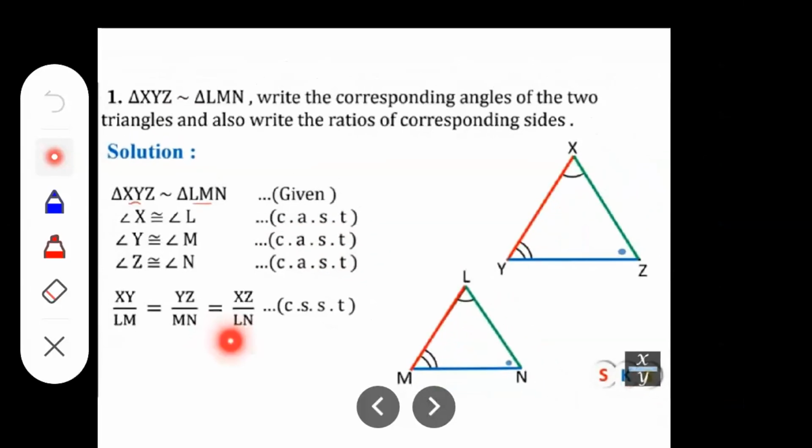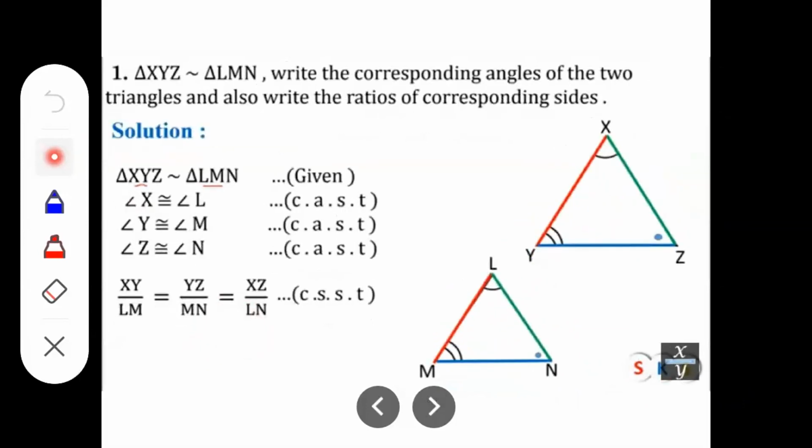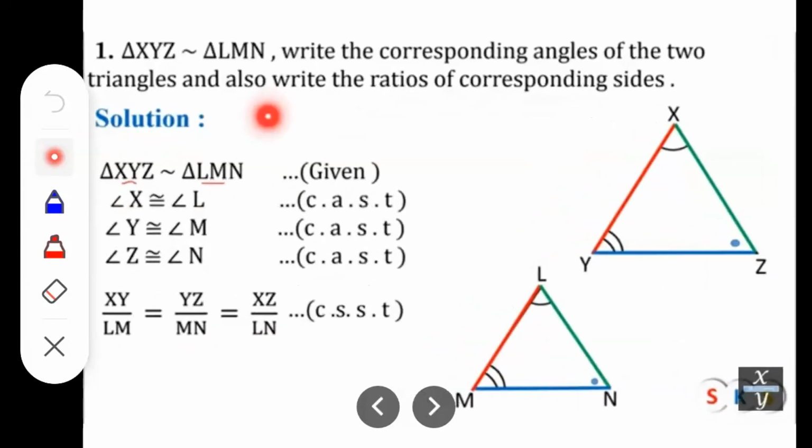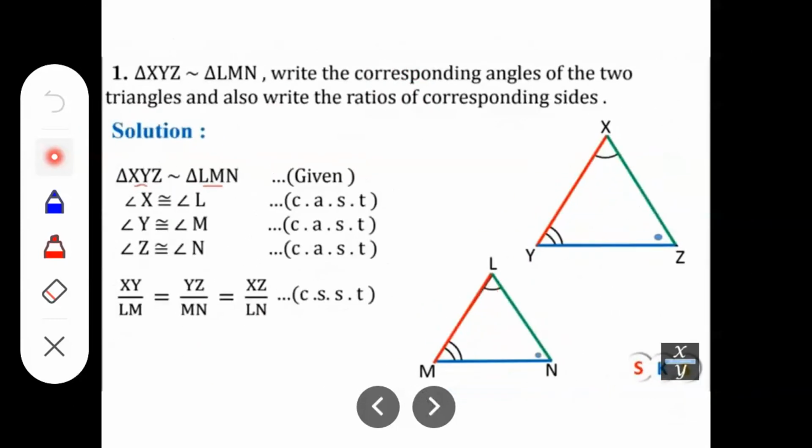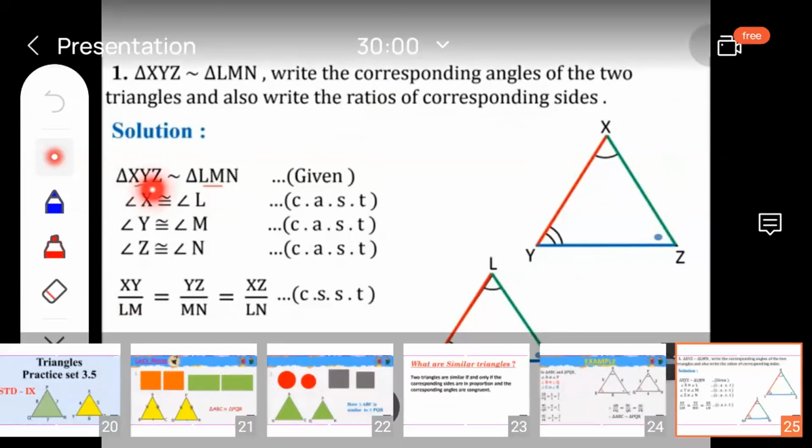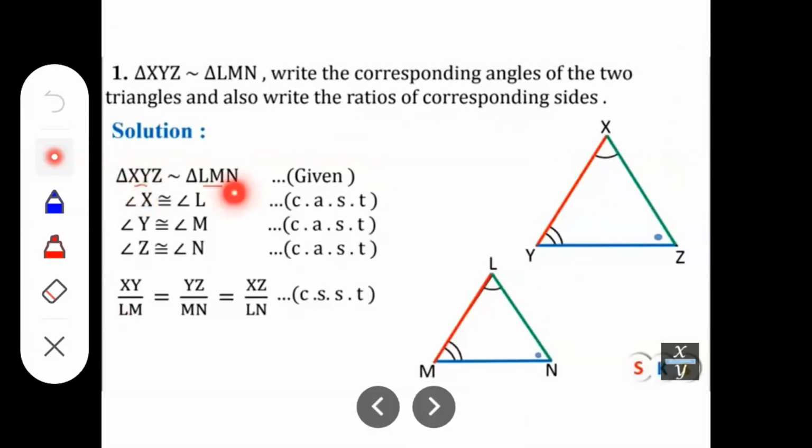Now let's write the side proportionality ratio. Again by using that similarity, you can write XY, the first two vertices, by LM, the first two vertices. Likewise, second and third, YZ by MN. And first and last vertex, X and Z, so XZ by LN.